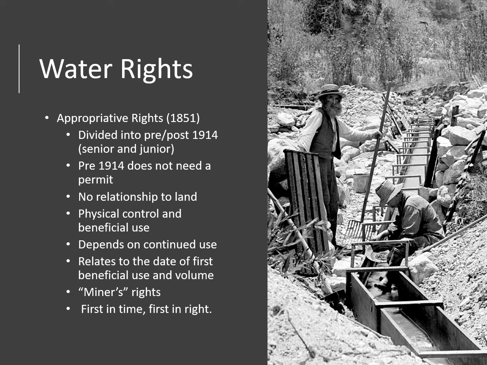So a miner who put his X on a tree and marked the spot where he was taking water in 1862 would have a better right than somebody who did it in 1863. And they would also be a pre-1914 or senior water right holder and not even basically need a permit.